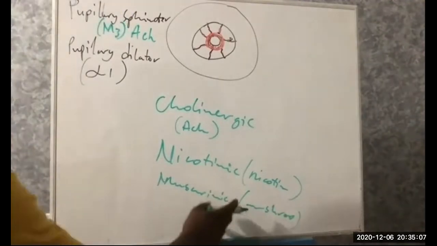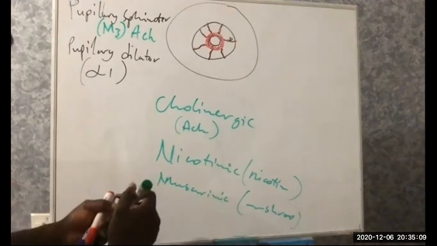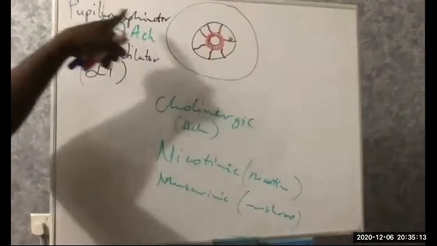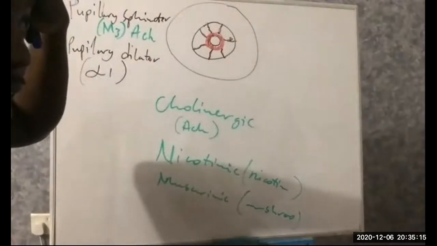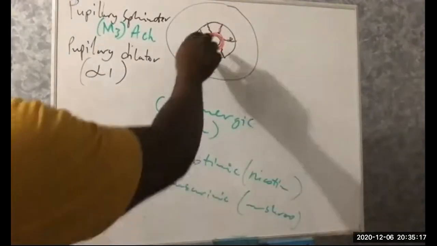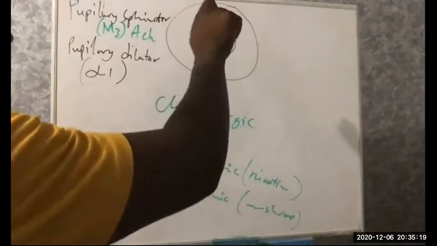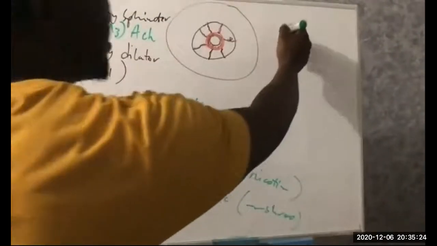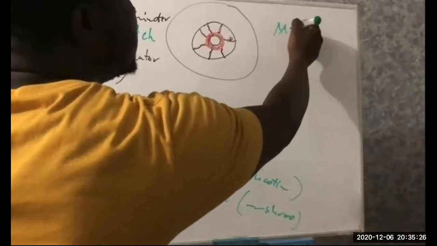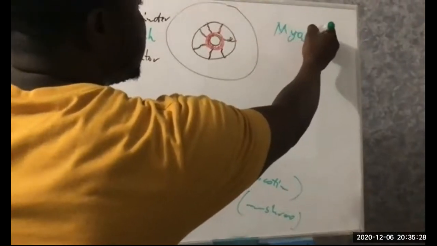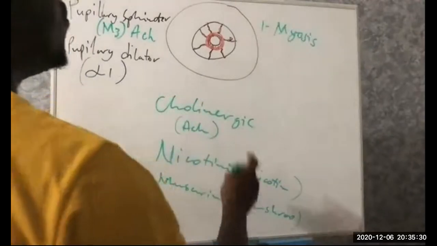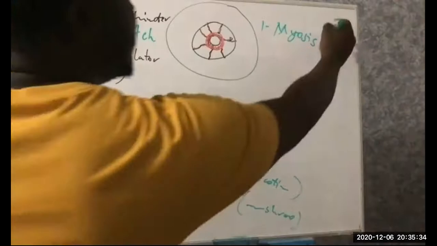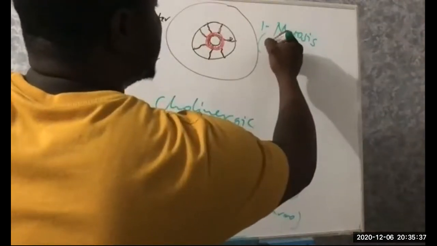So it means that this muscarine can stimulate these cholinergic receptors found on the pupillary constrictor. Okay, so once they stimulate it, they cause the pupils to undergo a process we call meiosis. So the pupils will be constricted. Okay, meiosis is the same as what?